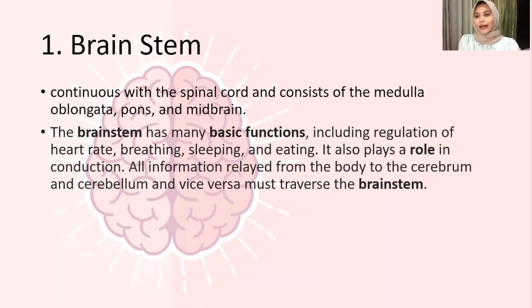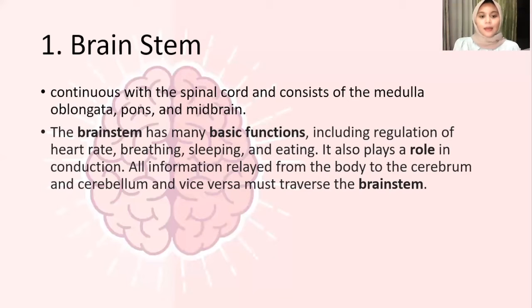In this slide, I'm going to discuss the brainstem. The brainstem continues with the spinal cord and consists of the medulla oblongata, pons, and midbrain. These are the three parts of the brainstem. The brainstem is located between the spinal cord and the diencephalon.